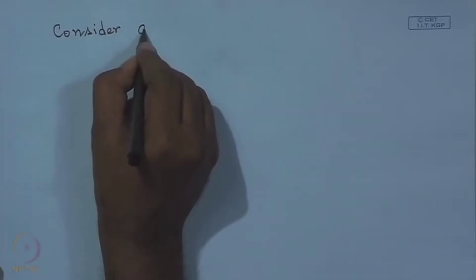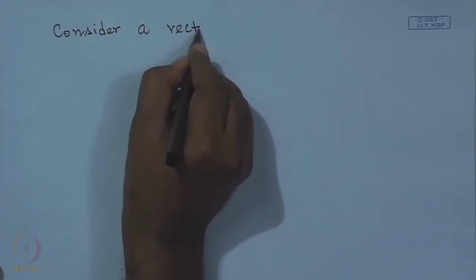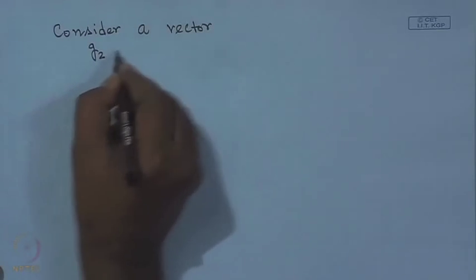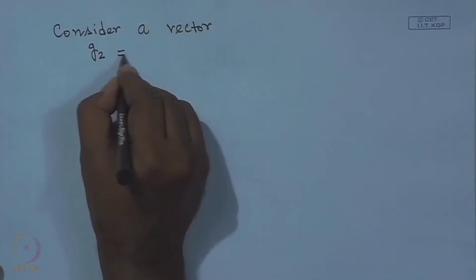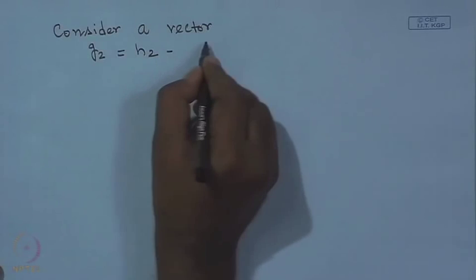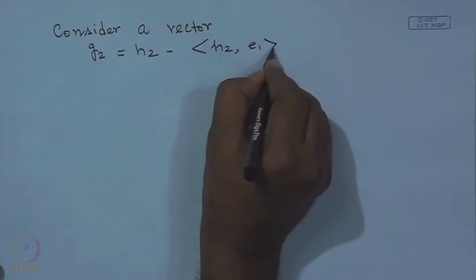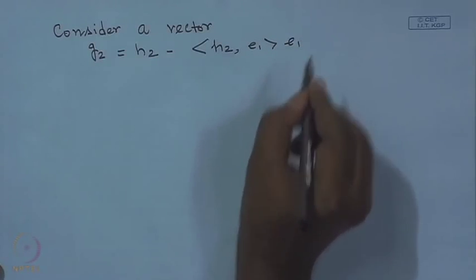Next, we consider a vector G 2 such that G 2 is equal to H 2 minus the inner product of H 2 and E 1 multiplied by E 1.